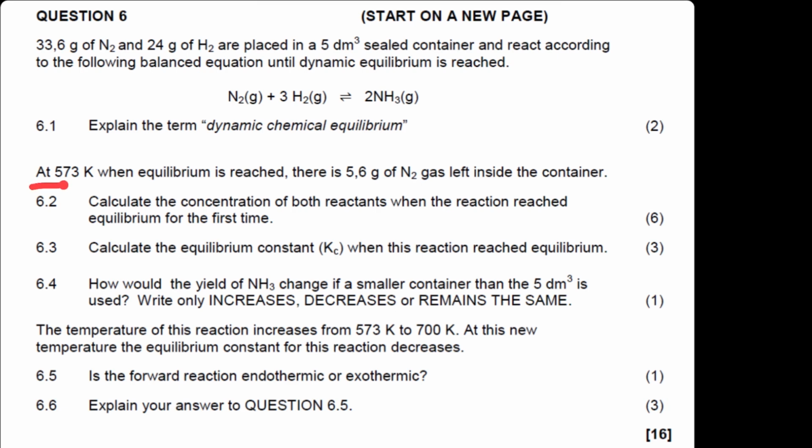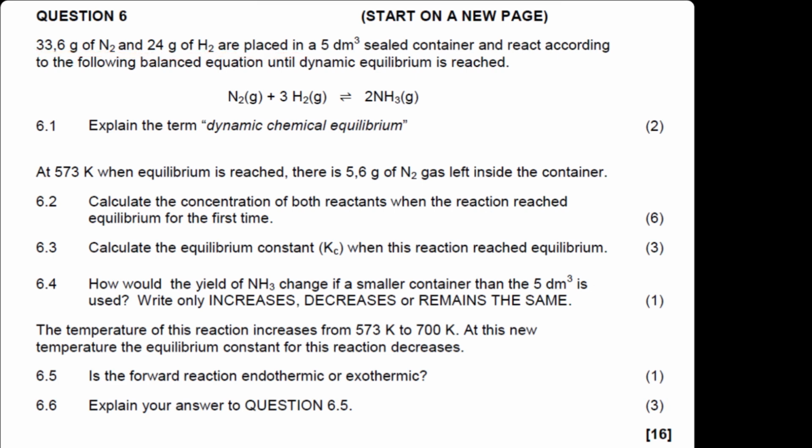Now it says at 573 Kelvin, when equilibrium is reached, there's 5.6 grams of nitrogen gas left in the container. Guys, it's very important to understand and analyze the statement, what is happening there. These amounts that we are given here are the initial amounts.